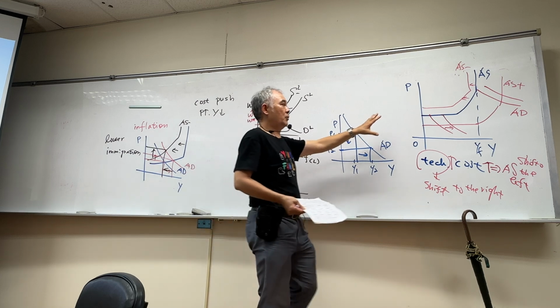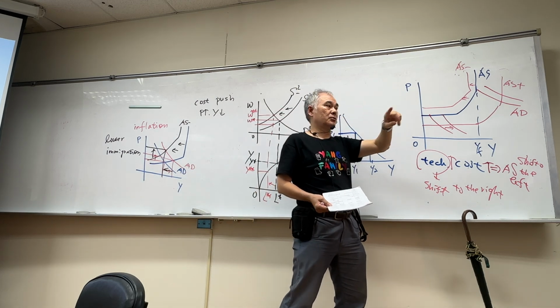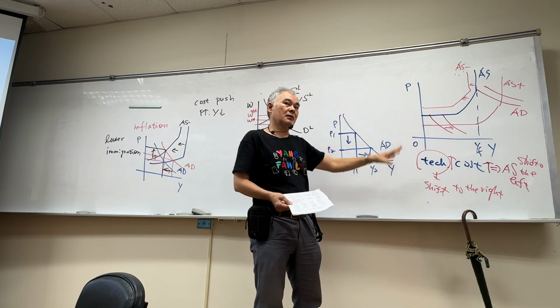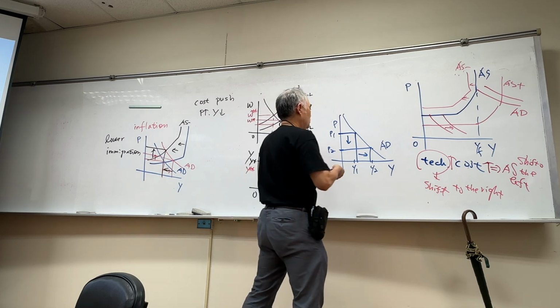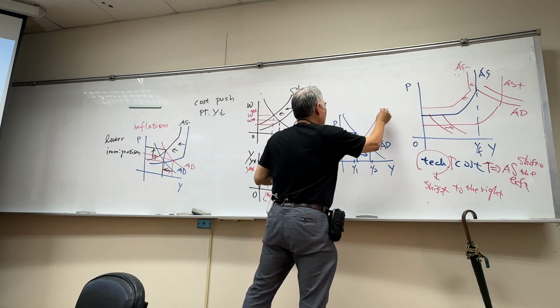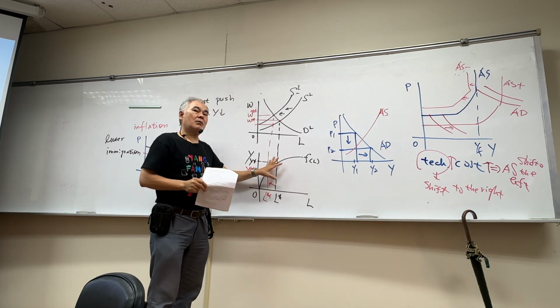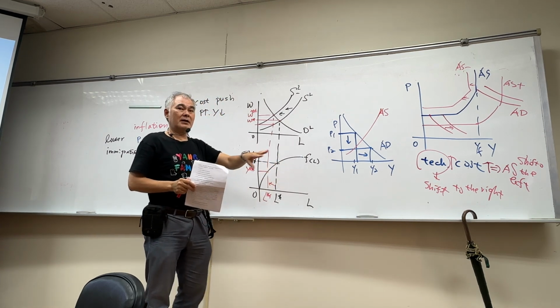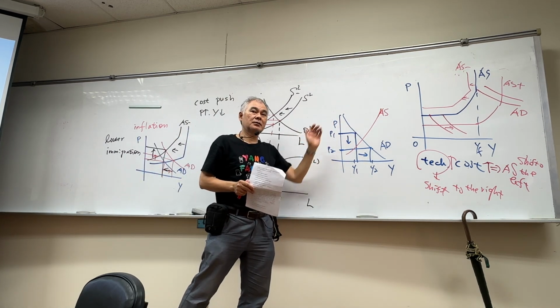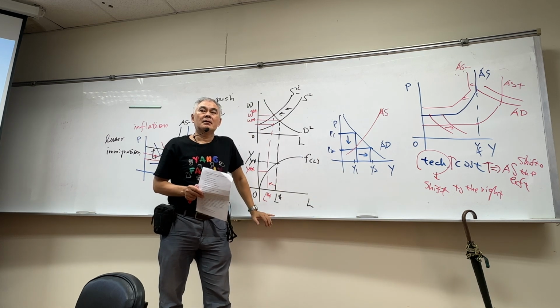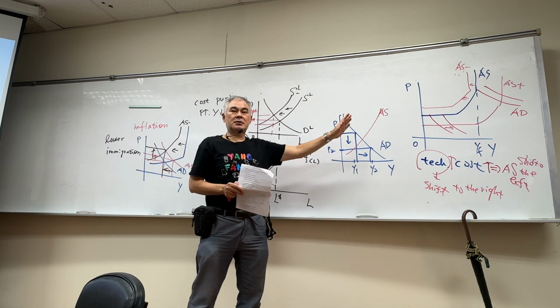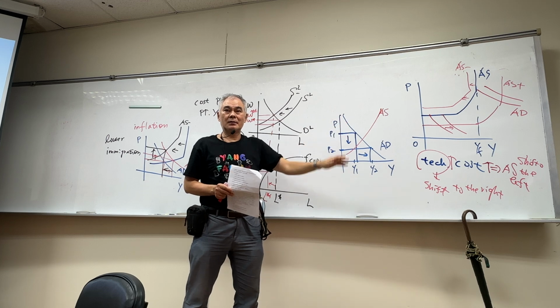But if I want you to use aggregate supply and aggregate demand, say I draw an aggregate supply curve here, how am I going to show that impact here? Will the aggregate supply curve shift to the left or shift to the right?